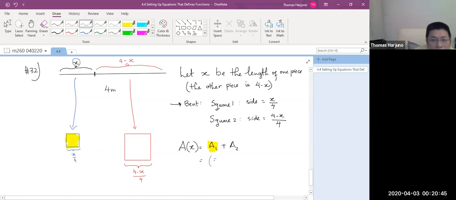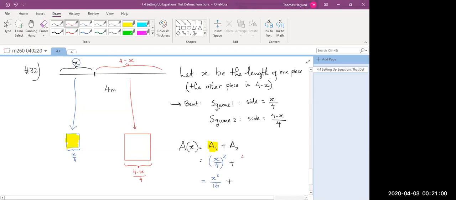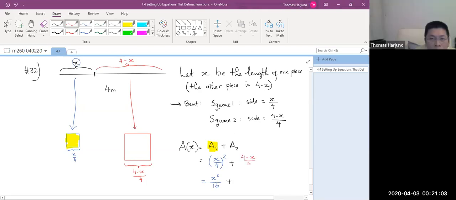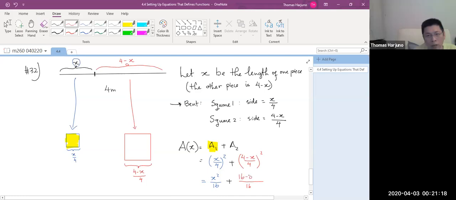That's x over 4 being squared, which gives x squared over 16. Plus, what is the area of the second square? 4 minus x over 4 quantity squared, which will be 16 on the bottom. How about the top? 16 minus 8x plus x squared.